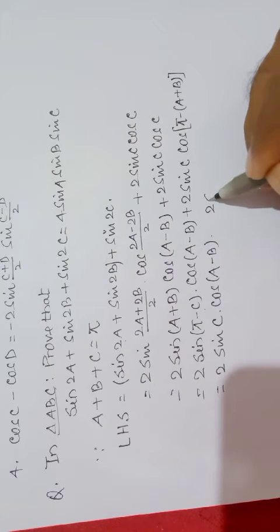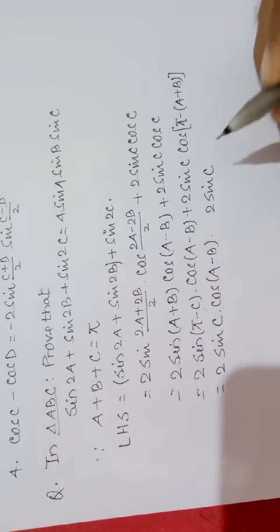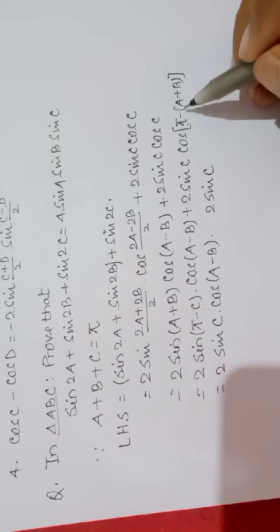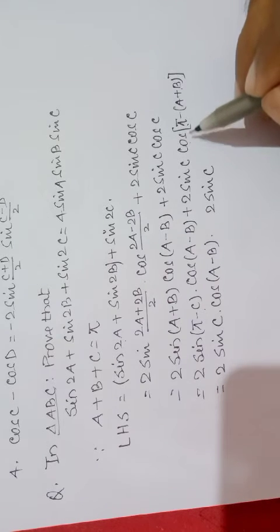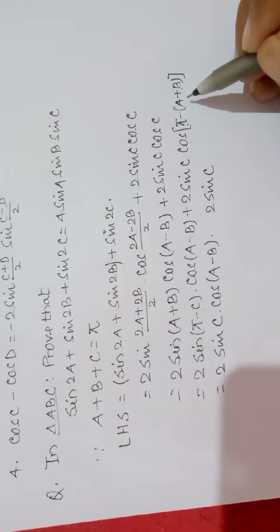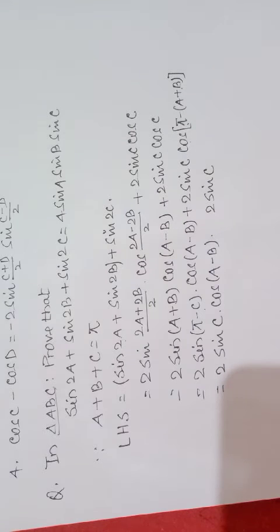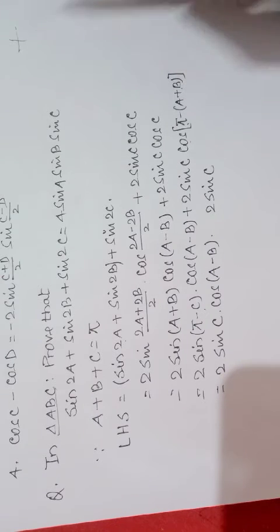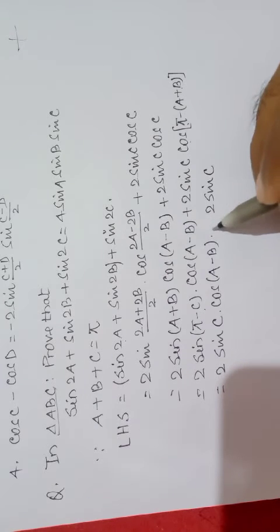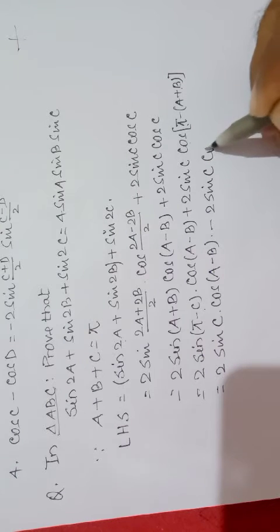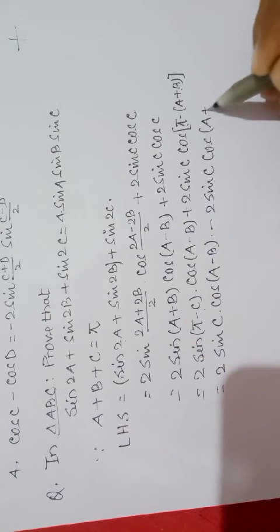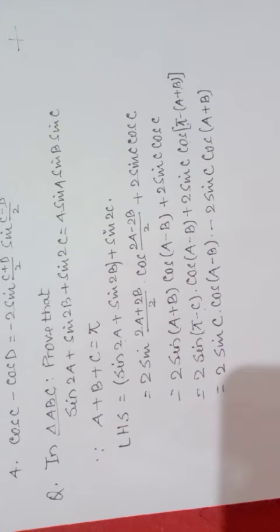Plus 2 sin C, and cos (180 minus theta) means minus cos theta. So it should be minus cos (A plus B).